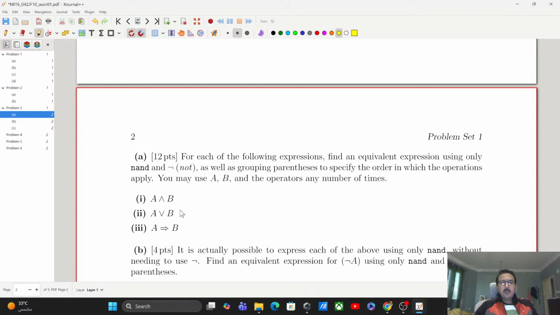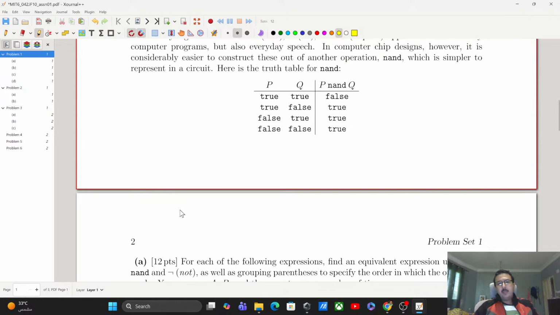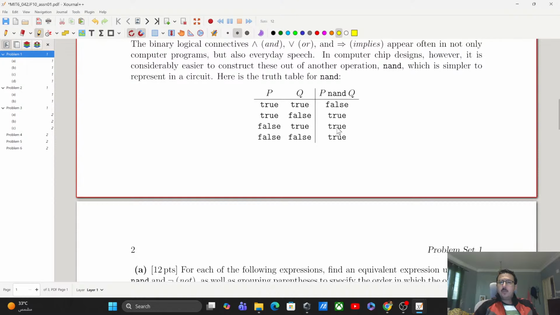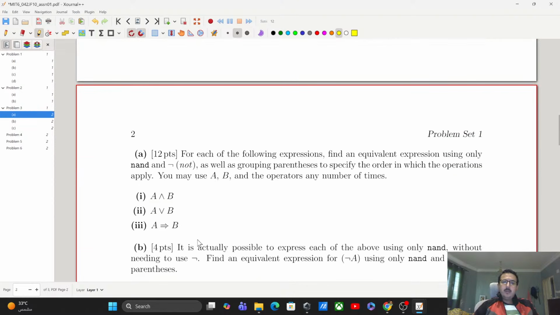So this is not NAND. Not NAND, how is it going to be? NAND, true, false. So this is not NAND. This. No, god damn it.